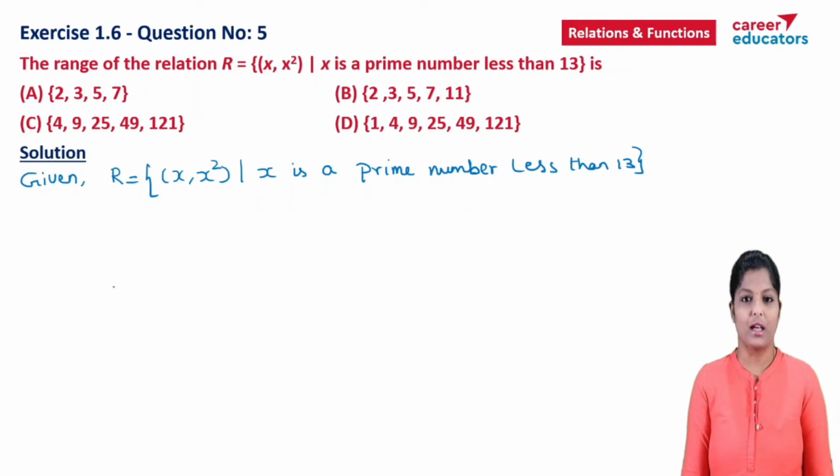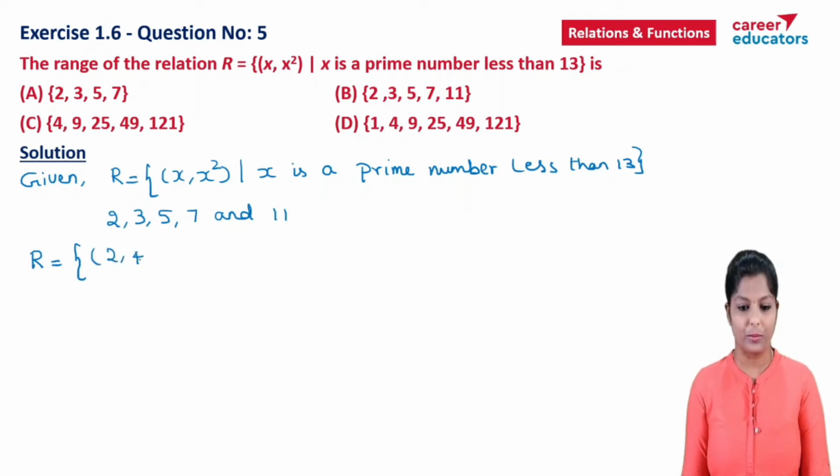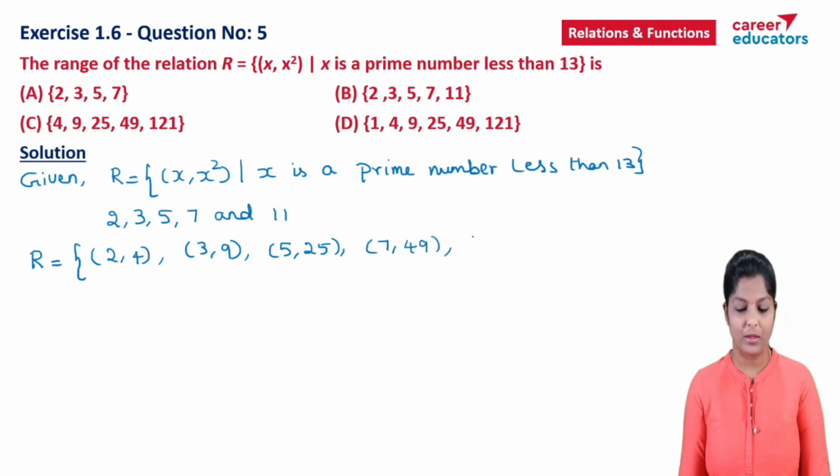To find relation R, a condition is given: x comma x square, x is a prime number less than 13, which means we have to square the prime numbers 2 comma 3 comma 5 comma 7 and 11. Let's find relation R. R equal to square of 2, 4, square of 3, 9, square of 5, 25, square of 7, 49, and square of 11, 121.